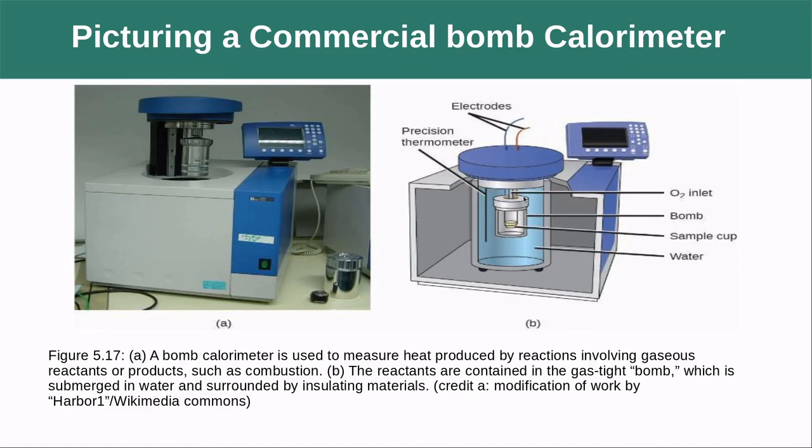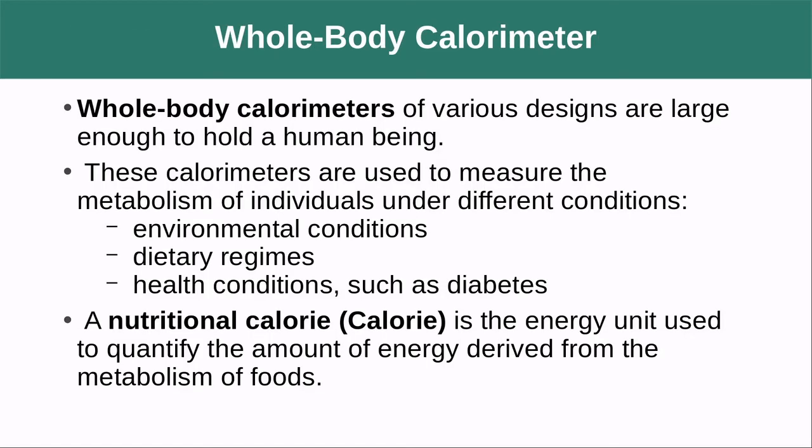And then the vessel heats up, and the water heats up, and we can figure out how much energy was inside of that sample. This is what they do often with things like food or fuels to figure out how much energy is going to be released.